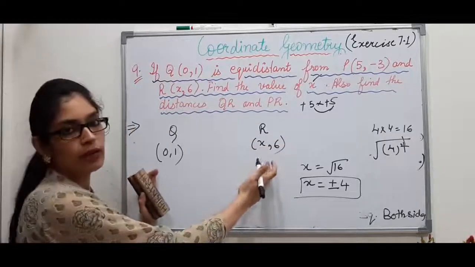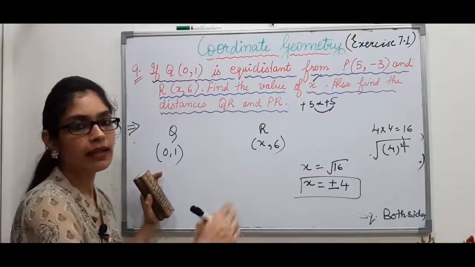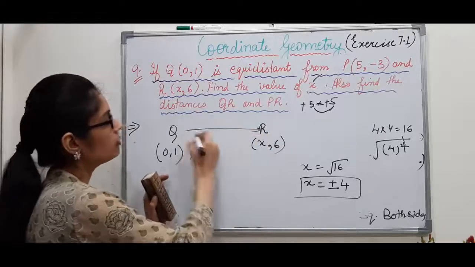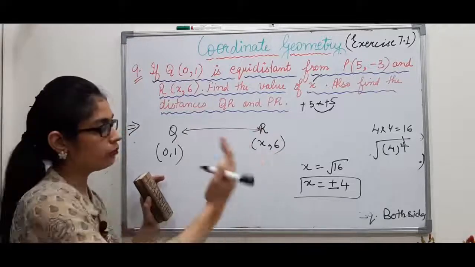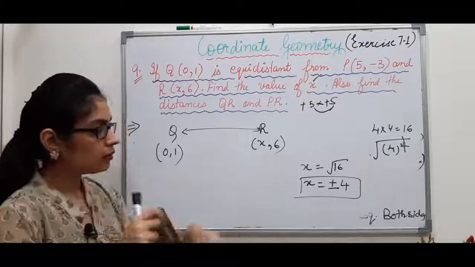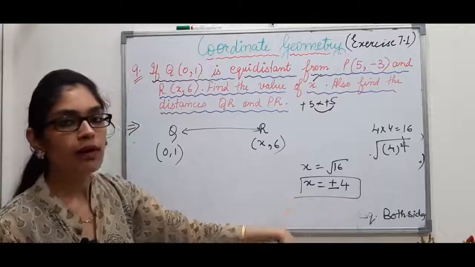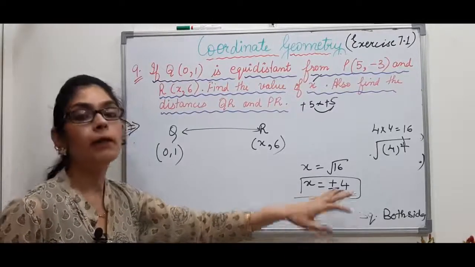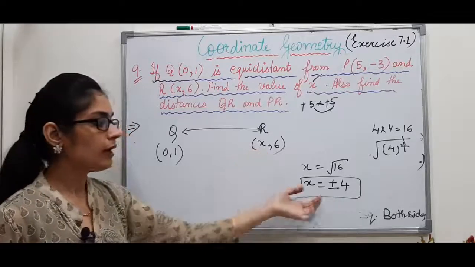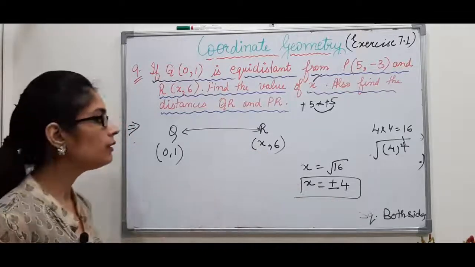So now you have values x1, y1, x2, y2. You can find this distance. For x you can put both the values, plus 4 also and minus 4 also. Any value you can put and you can find the distance.